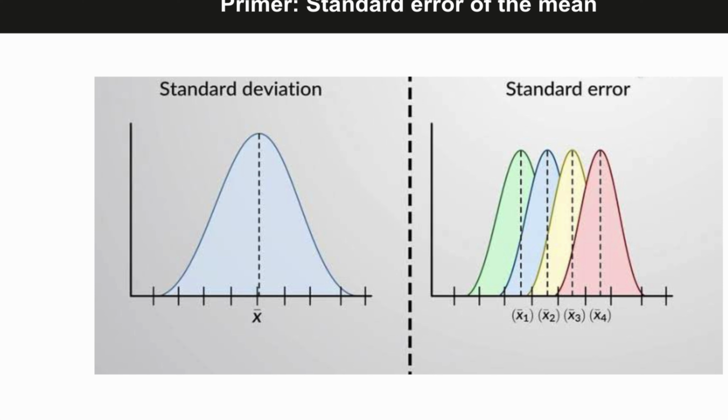We don't have access to the population mean right now, but our goal is to see how close I get to the population mean, or how much deviation I see if I take the samples again and again. So that's the standard error of the mean.